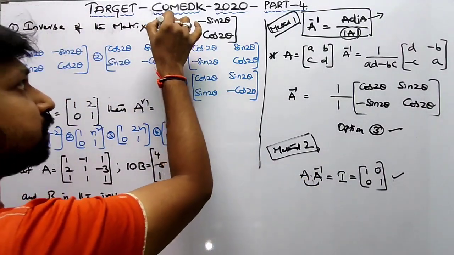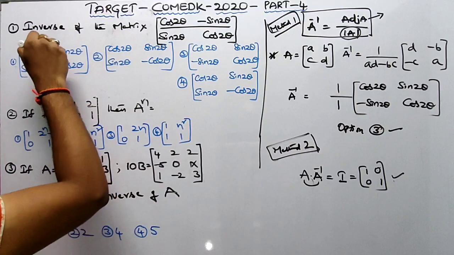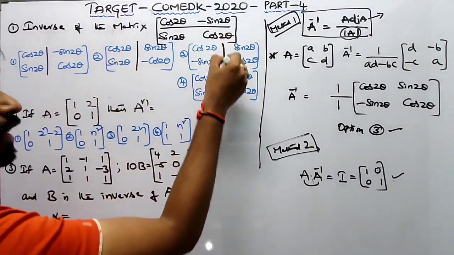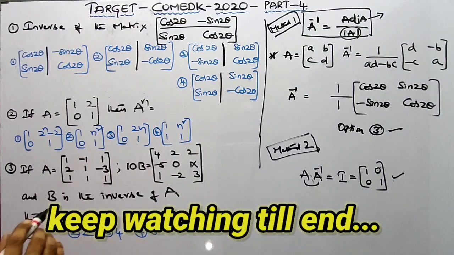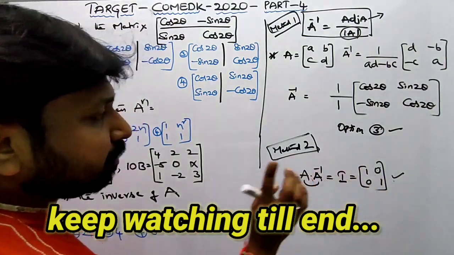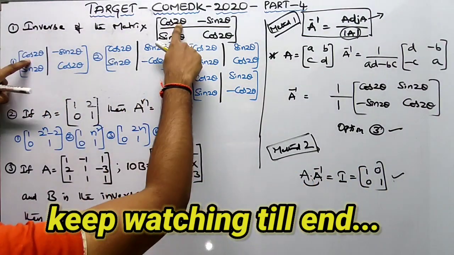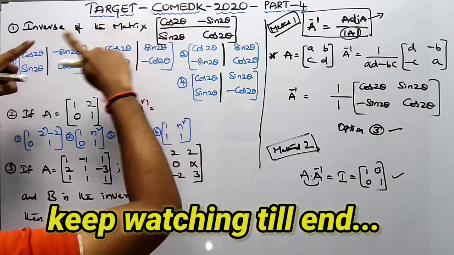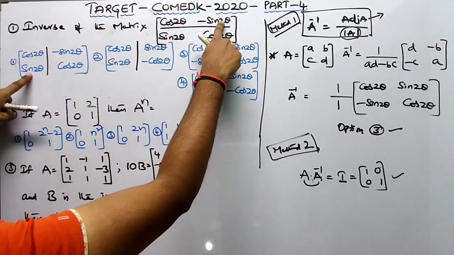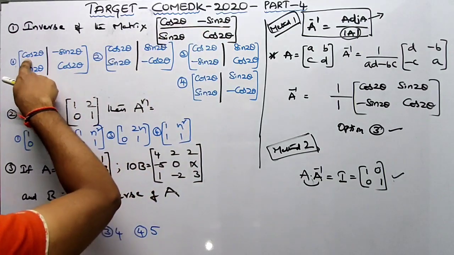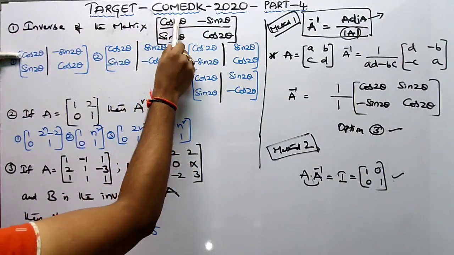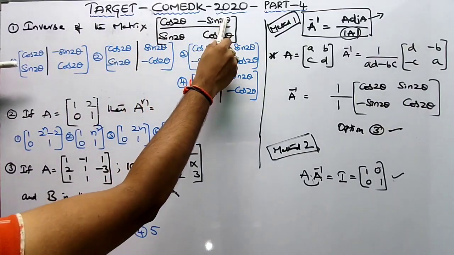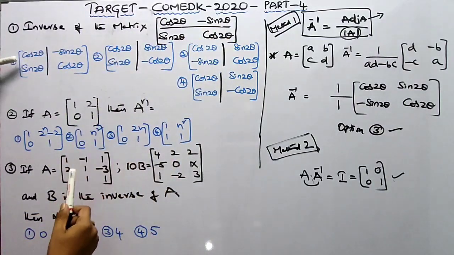How to solve this: just draw a horizontal line, then vertical lines. Then we want the diagonal elements. Look here: cos 2θ into cos 2θ, cos square 2θ, minus into plus minus, so it never gives 1. You know matrix multiplication very well: cos 2θ into cos 2θ, then multiply with this, and it is not an identity.